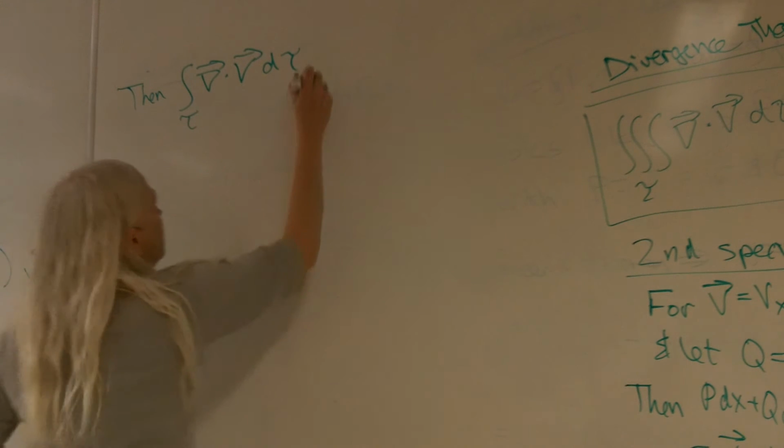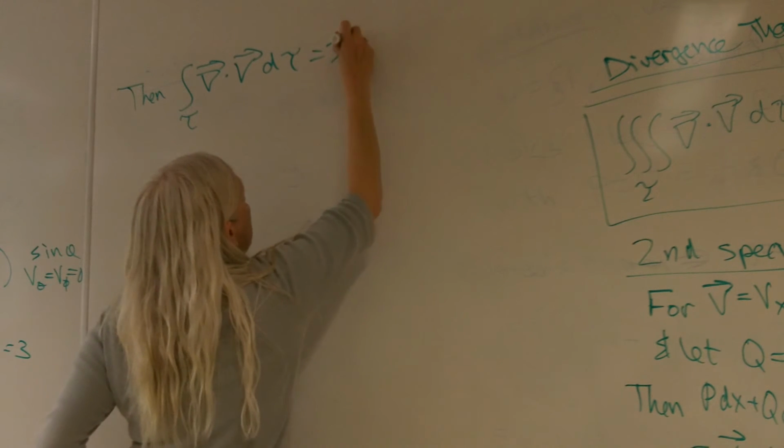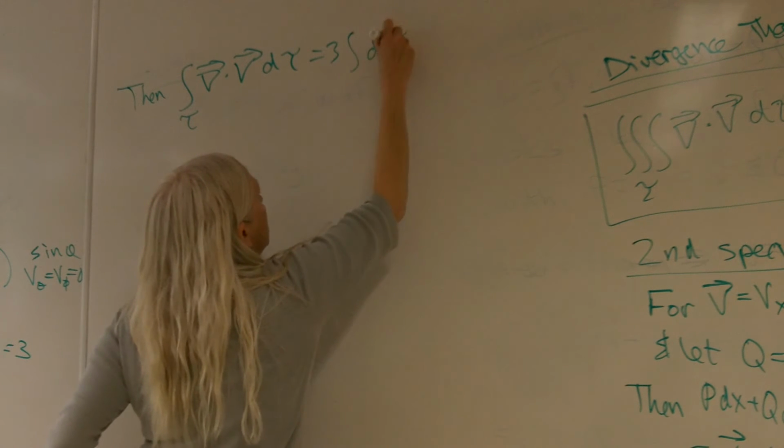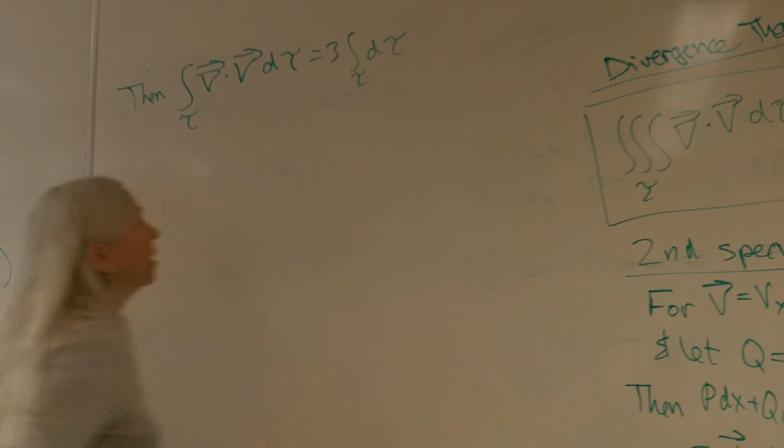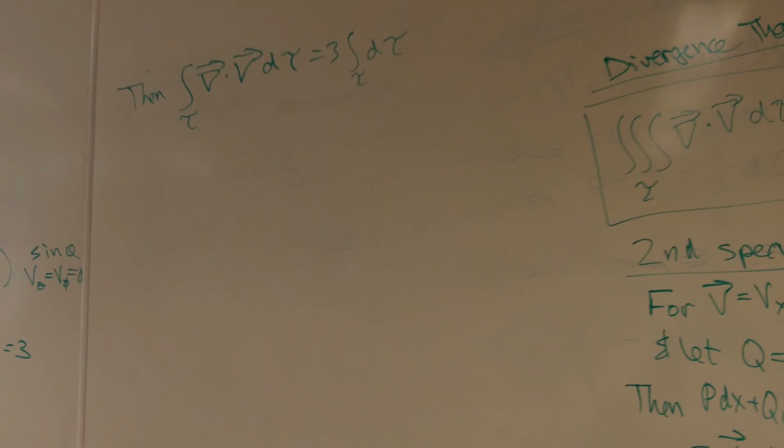Well, the divergence of v was just 3. That can, of course, be pulled out in front. So 3 times the integral of d tau. We have to use spherical, or we should use spherical coordinates. At this stage we evaluated either way, Cartesian or spherical, but at this point it's going to be much easier to use spherical coordinates.